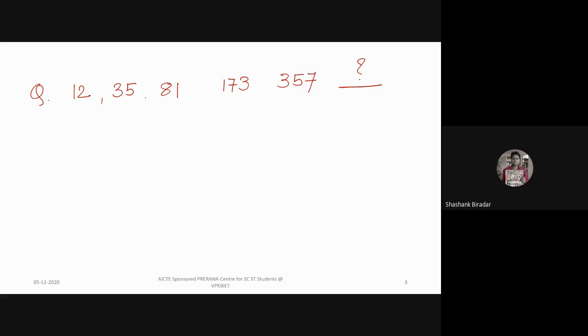These numbers have been given in the series, and you have to calculate what the number would be in place of the question mark. So just think about it. I'll give you 2 minutes, and then we can move to the solution for this one.